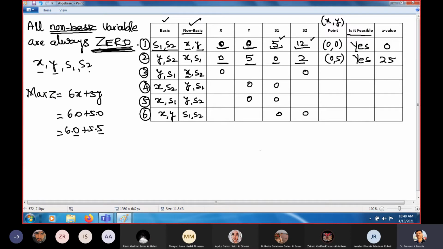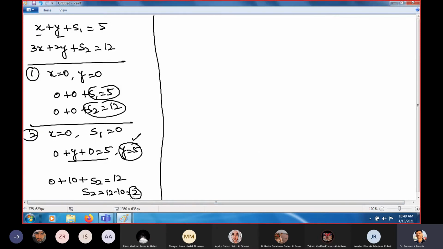What is step? X and S20. Now take the last equation because x and S2 are 0. So 0 plus 2y plus S20 is equal to 12. So what is the value of y?